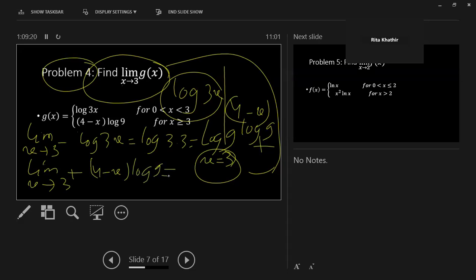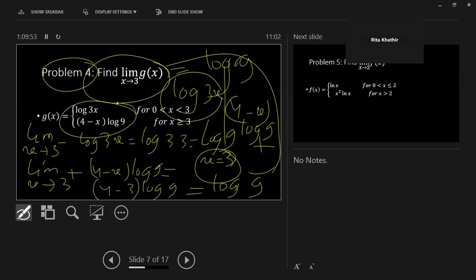If you have 3, then you have (4 minus 3) log 9. 4 minus 3 is 1, and you have log 9. What can you say now? What is the limit as x approaches 3 of g of x? You can say log 9, because you get the same value from the left side and the right side. That is the idea: you have a limit even if you have different models or expressions.